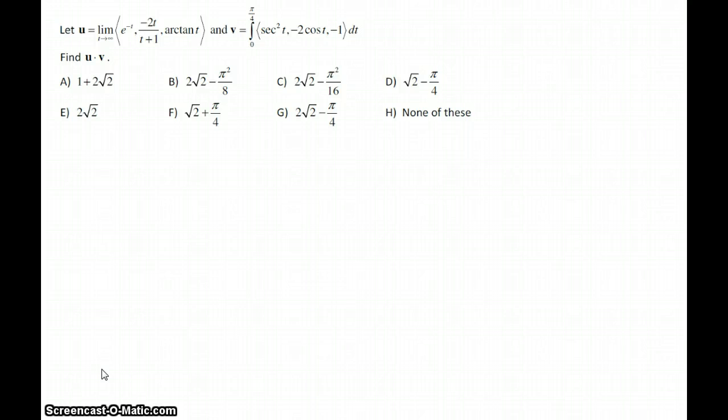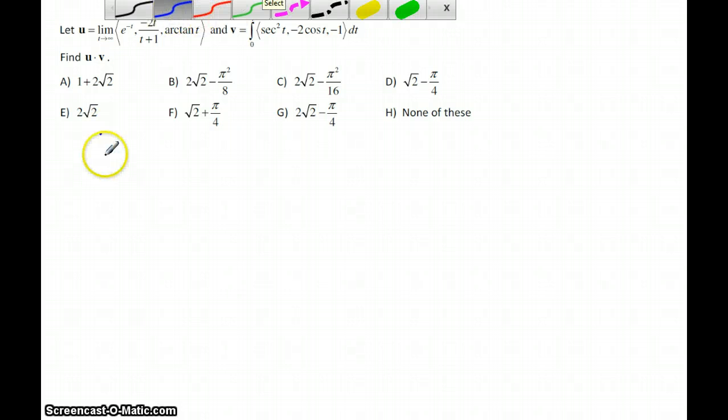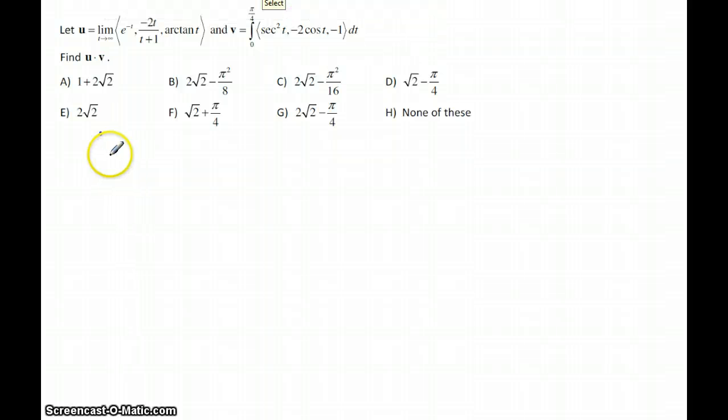We have three mini problems for the vector u, three mini problems for the vector v. And so they're all sort of Calc 1 in nature, maybe Math 103 and Math 104. And so let's take a look at the first one.